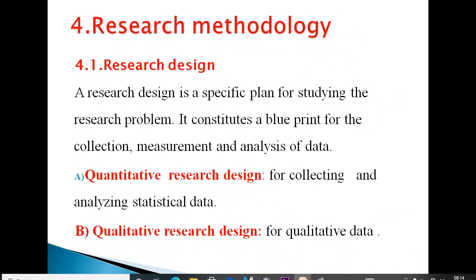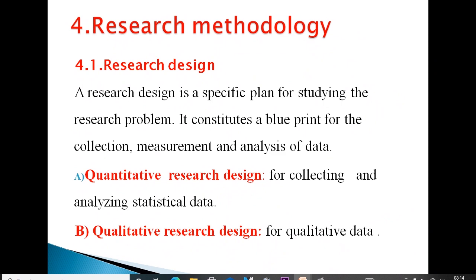So after presenting the literature review, the researcher moves on and presents the third chapter of his research proposal, which is the research methodology. In research methodology, first of all, the researcher presents his research design. So what is a research design?